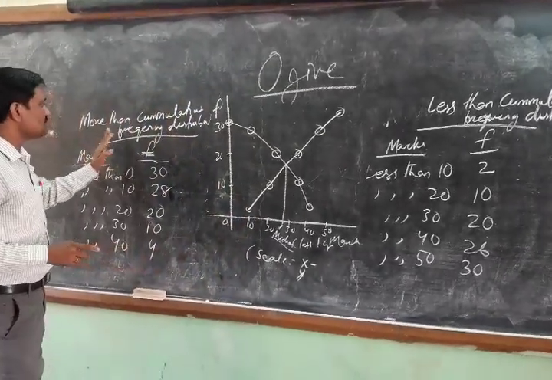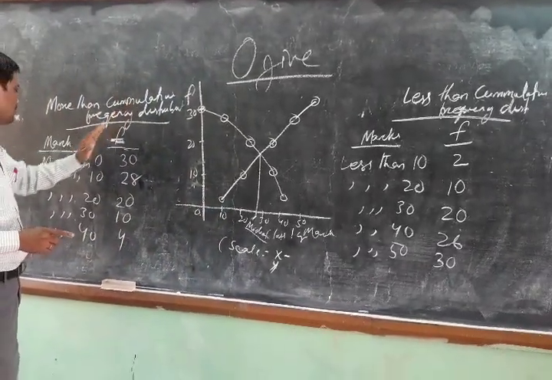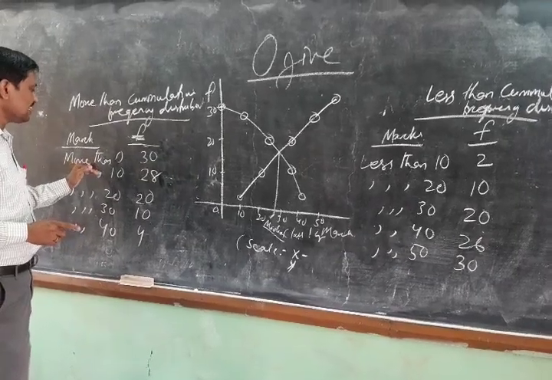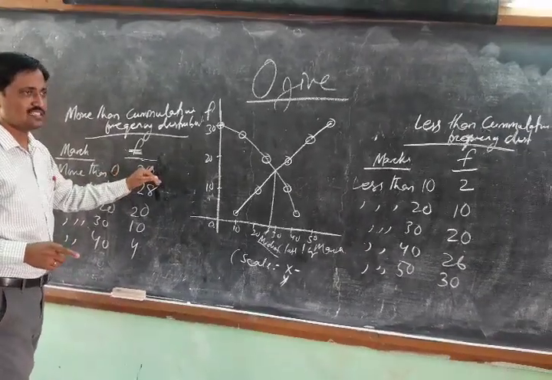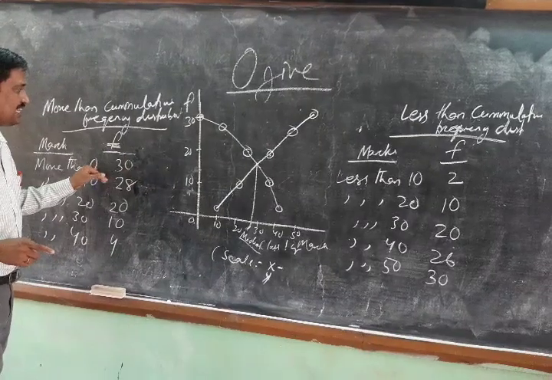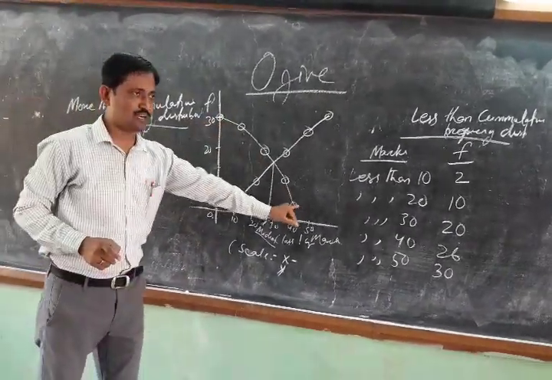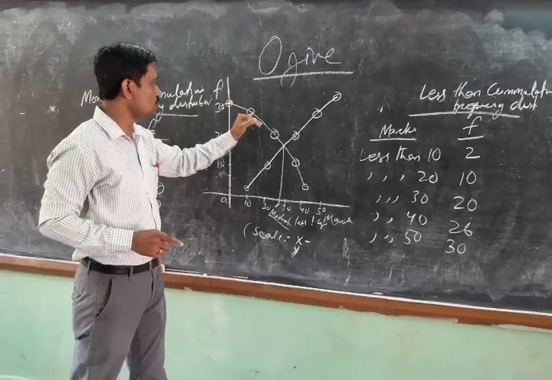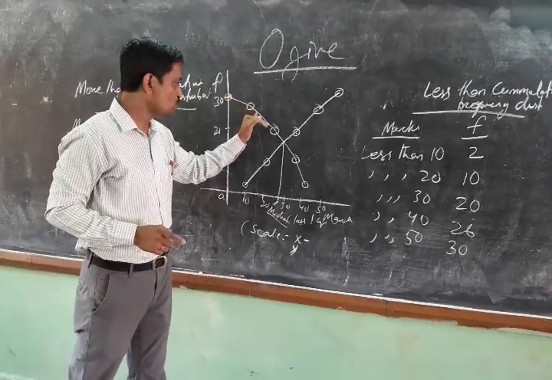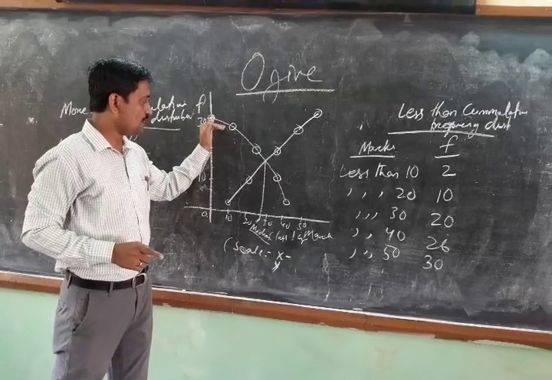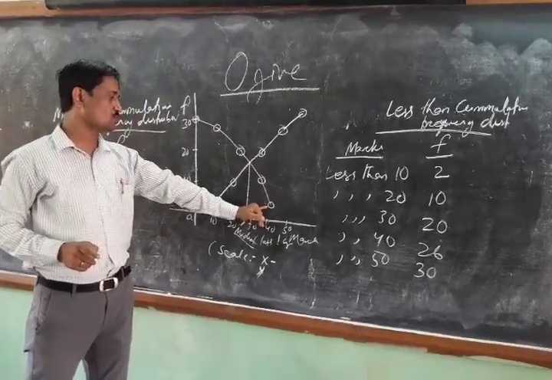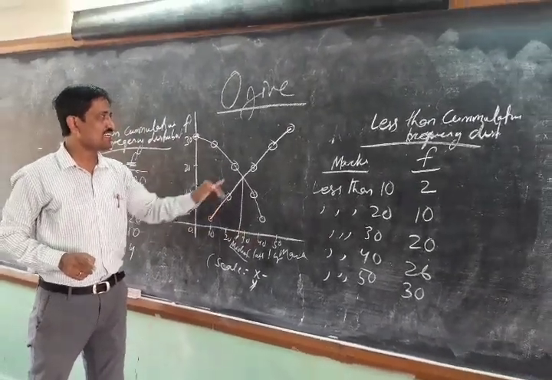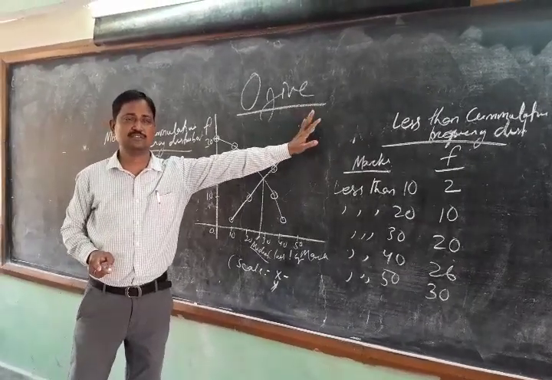For the more than ogive, you will take the lower limit and the frequency values. Third, you have to join these points through a smooth freehand curve. After joining, you will get the required ogive.